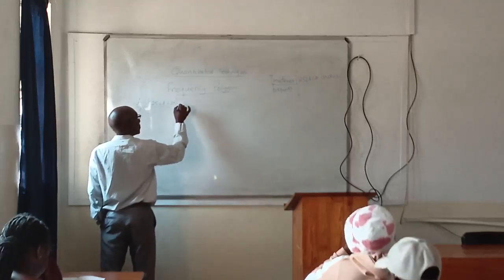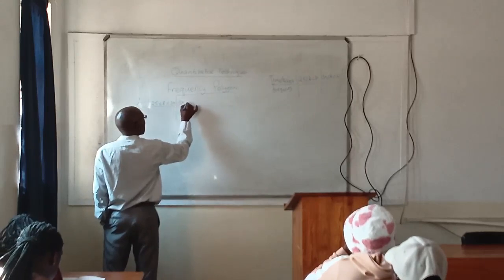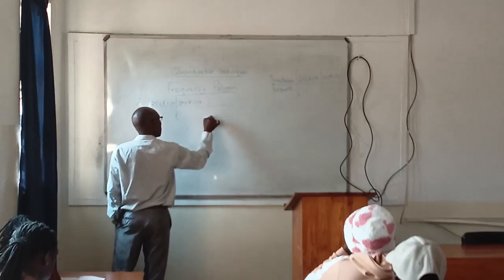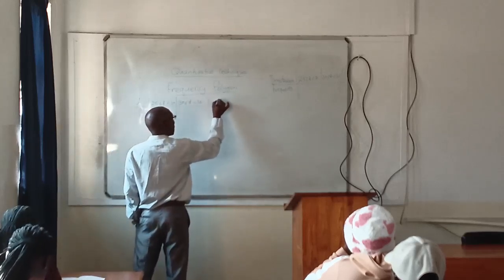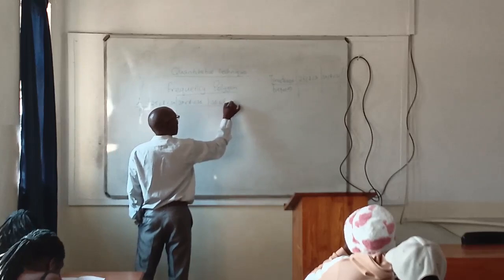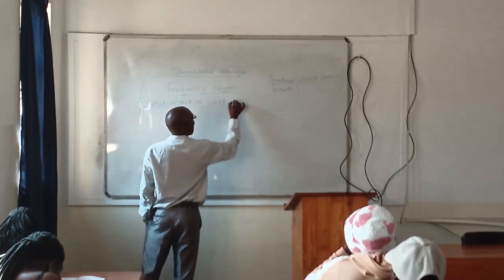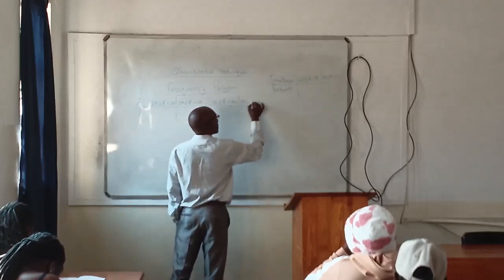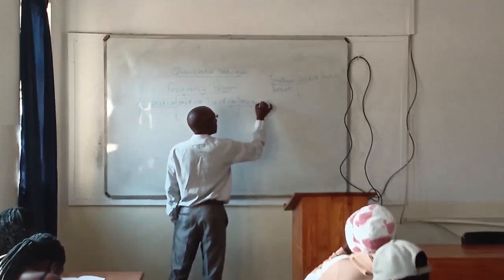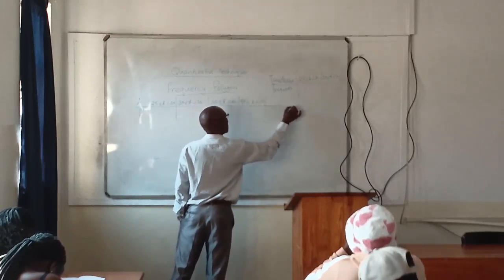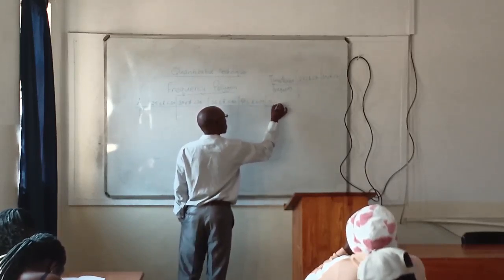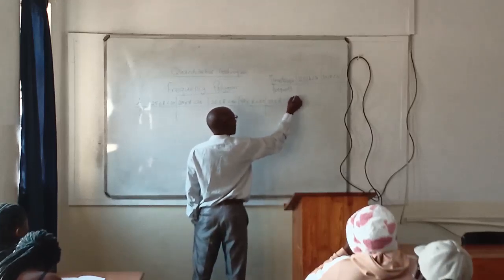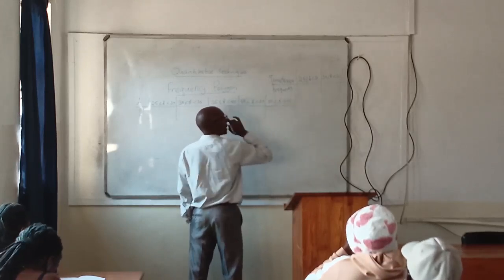Another one? 30 less or equal to t less than 35. 35 less or equal to t less than 40. 40 less or equal to time less than 50. 50 less or equal to time less than 65.